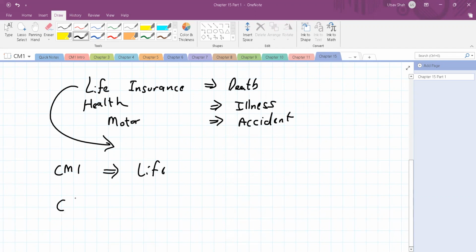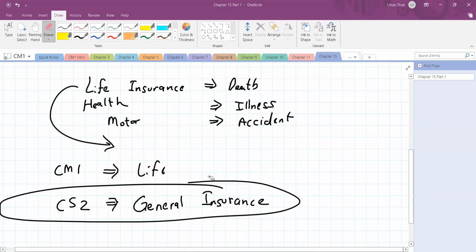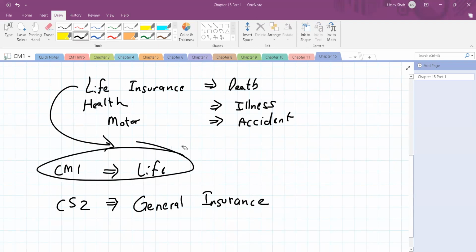CS2 will focus on the general insurance part, which includes all insurance except life, that is health, motor, and so on. So right now, general insurance is not our focus. Our focus is only life insurance, that is death.